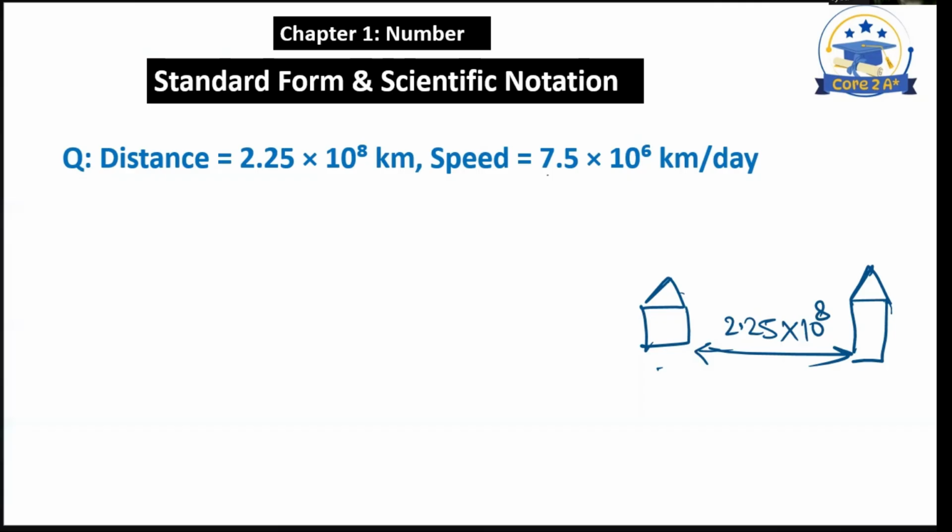I think this is the speed of a car, maybe. This is not the speed of a normal human. Suppose by car, if we go from one home to another, this speed is 7.5 into 10 to the power 6 kilometers per day, right? This much kilometer in 1 day this car covers.